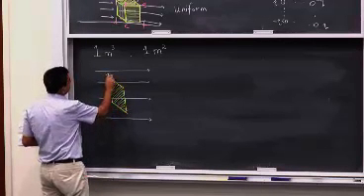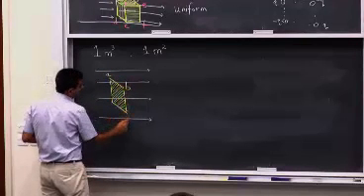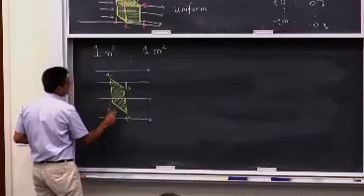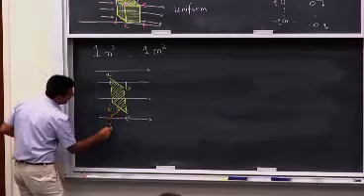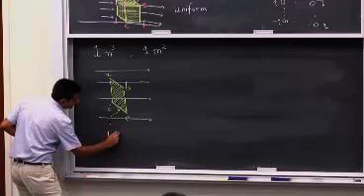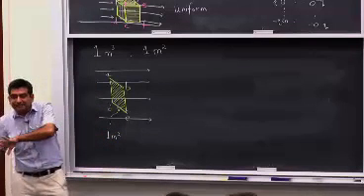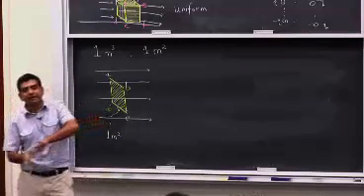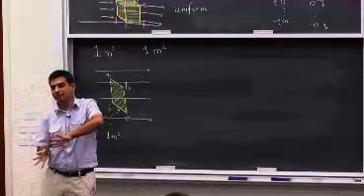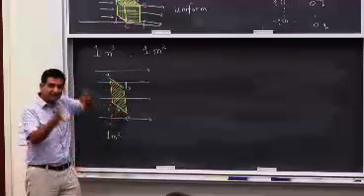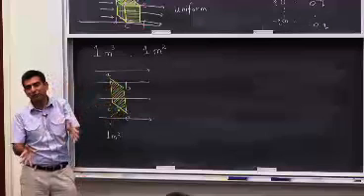It's characterized by points A, B, C and D. And the area of this surface is 1 meter square. Now what I'm interested in knowing is that there is a certain volume of water that passes through this surface per unit time.